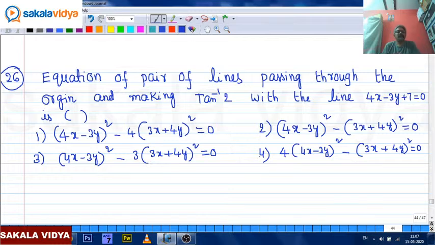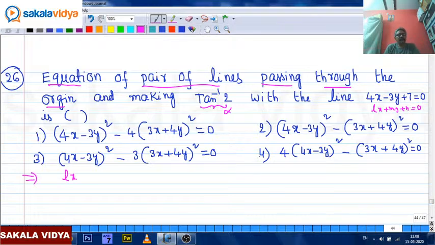Okay, so we have one formula already we have discussed. The equation of the pair of lines passing through the origin and making angle alpha with the line Lx plus My plus n is equal to 0 is given by this formula: (Lx plus My) whole square minus tan square alpha into (Mx minus Ly) whole square equals to 0.